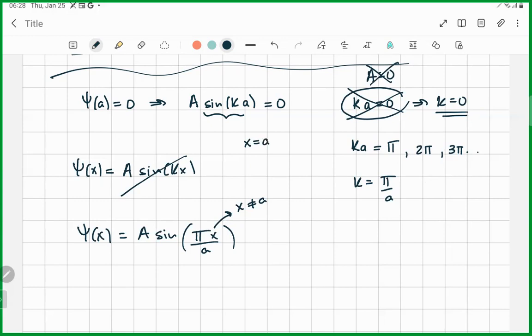Okay, so that's why we are not considering these two cases, but there are many cases that we can consider that will guarantee that the sine of ka is 0, but not the sine of kx, only when x is equal to 0, or only when x is equal to a.